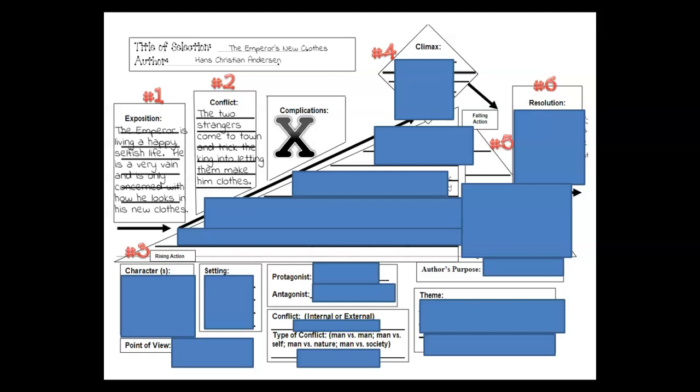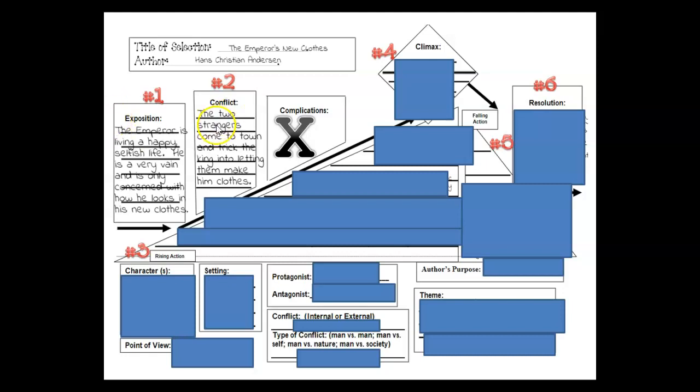We've got these two swindlers coming in and tricking the emperor into letting them make him these clothes that are supposed to show who's wise and who's stupid and who doesn't belong in their position. All along, we, the readers, know that that's not what they're doing. They're actually robbing the king and tricking him, and they're proving a point that he's very vain.